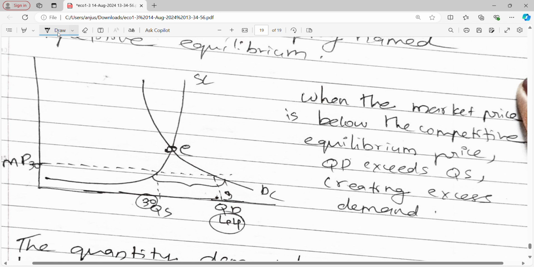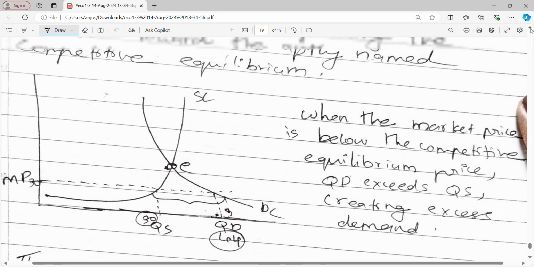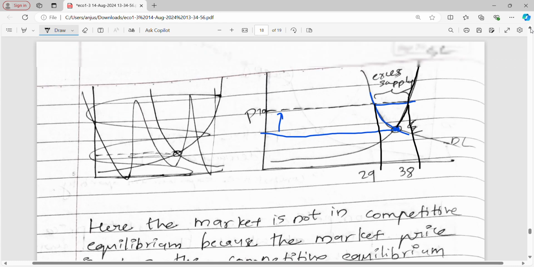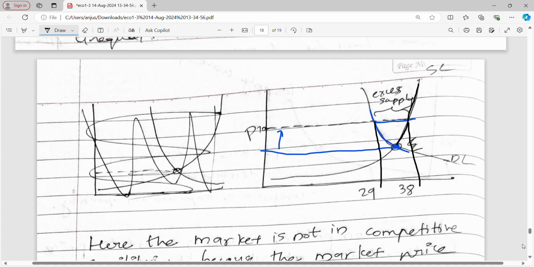Okay. So, in order to reach this equilibrium point, 50 is the equilibrium price.